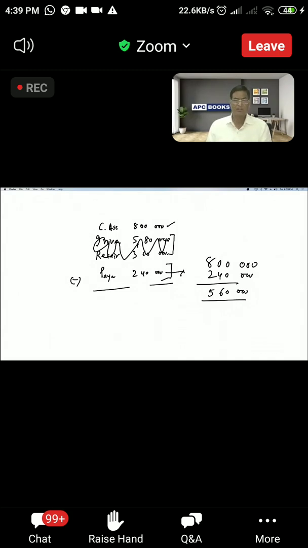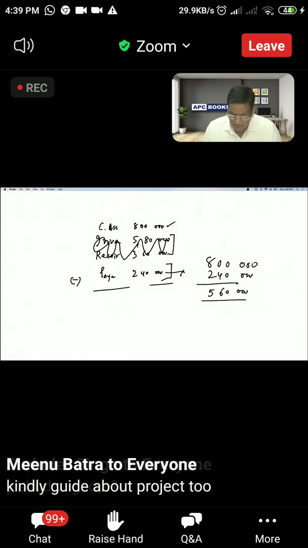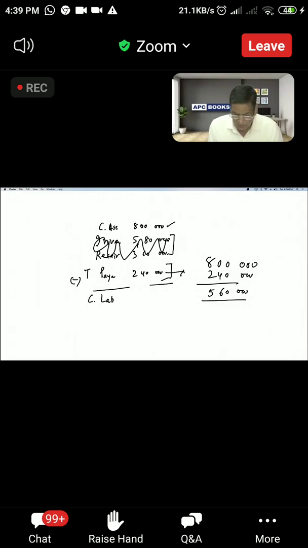Current assets minus current liabilities. Inventory is given, receivables is given. Similarly, trade payables are given. They may have given current liabilities also. These 5 items are given: 1, 2, 3, 4, 5.